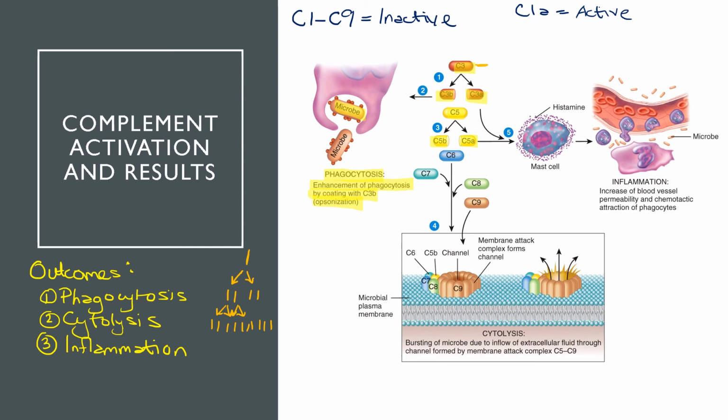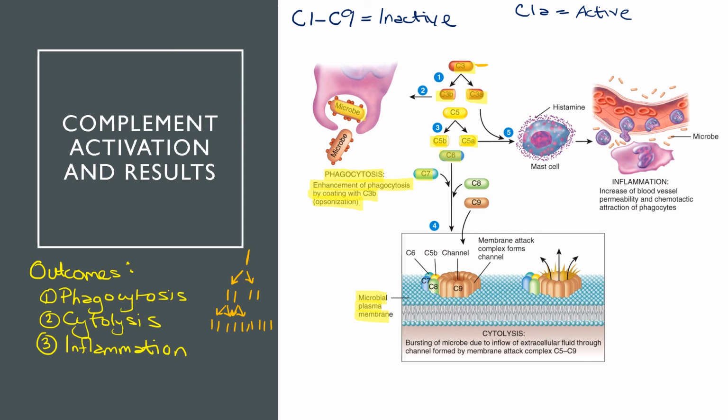The C5b fragment will then bind to C6 and C7, which attach to the plasma membrane of a microbial cell. So C5b will bind to C6 and C7 and attach to the plasma membrane of this invading microbe.